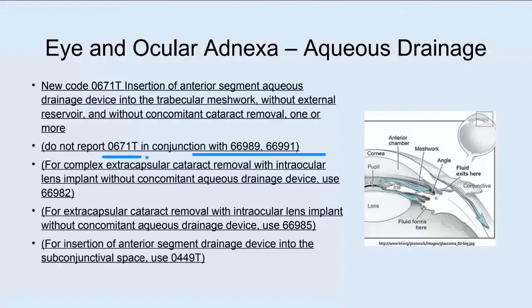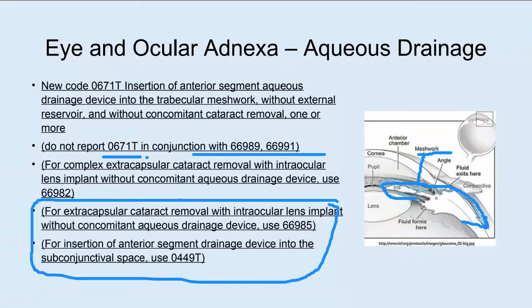So 0671T, insertion of anterior segment aqueous drainage device in the trabecular meshwork without external reservoir, without concomitant cataract removal, one or more. So here is the meshwork they're talking about, and you can see the fluid going through here. And there's an excludes note saying if there's a cataract procedure. So these codes are only for if there's no cataract procedure done, you use this new code.